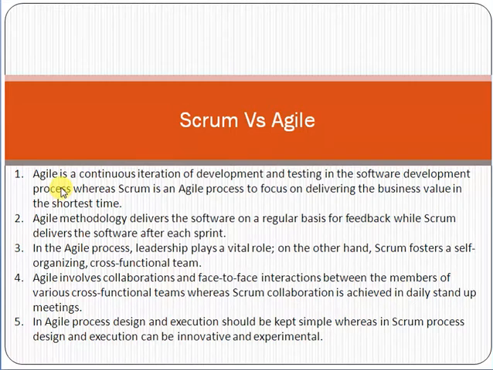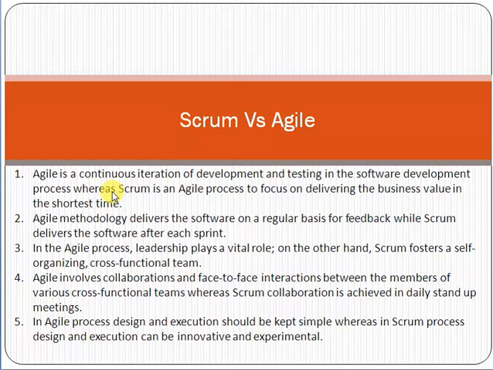First of all, friends, see the Agile software development. This is a continuous iteration of development and testing in software development, whereas Scrum is an agile process that focuses on delivering business value in the shortest time. Basically, Agile is a methodology used for software development, and in this approach we do development and testing simultaneously.